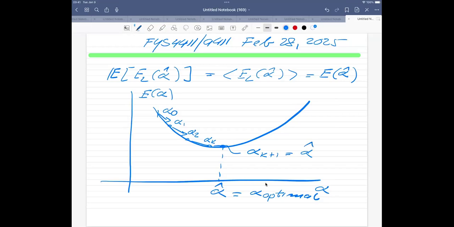So we do a set of iterations, and everything here is based on a Taylor expansion around the minimum, that means around the optimal value. Let me quickly remind you of that Taylor expansion. This is the overarching view of what we are doing.